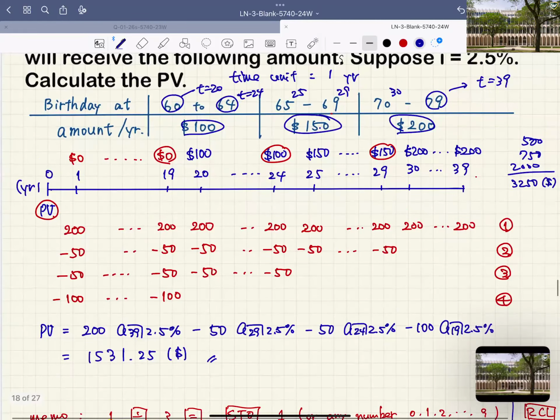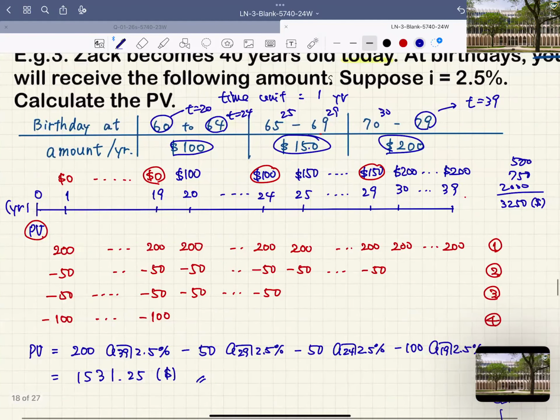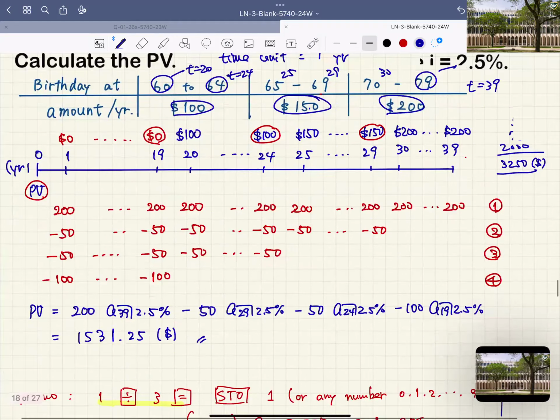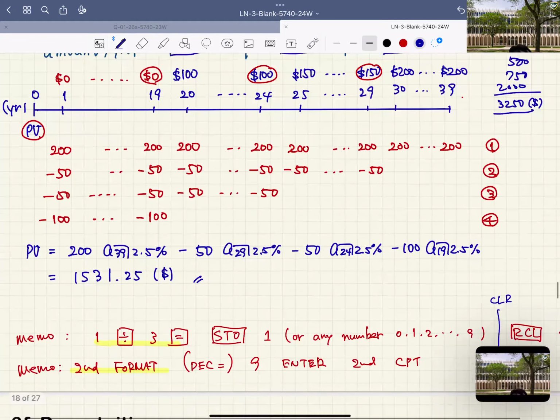But the most payments are distant from now, so almost 20 years, maybe 30 years from now. So 30 years of 2.5% interest. Probably that doubles the amount. So probably you will need the half of this amount. And 1,531 is about a half of this amount. So it sounds reasonable.